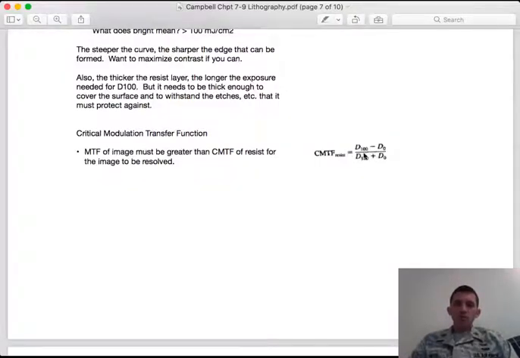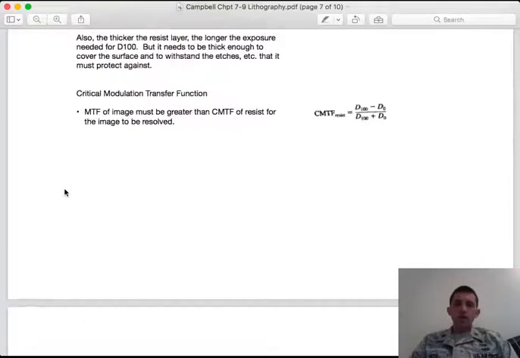This would be for full reaction, and this would be for zero reaction, divided by the sum. You would calculate it in the same way. And so what you want is for the modulation transfer function of your optical system to be at least as high as the critical modulation transfer function of your resin.